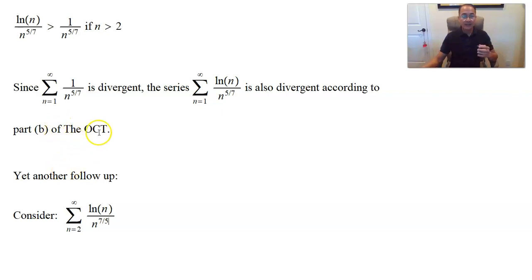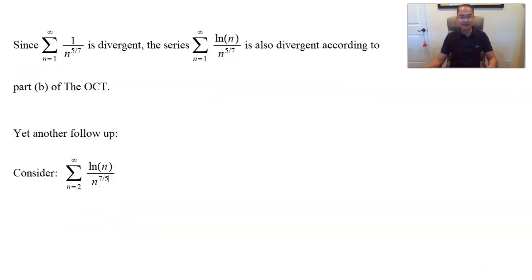We can start with thinking about ln of n, like we did over there. ln of n is bigger than 1. So ln of n over n to the 7/5 is again greater than or equal to 1 over n to the 7/5.